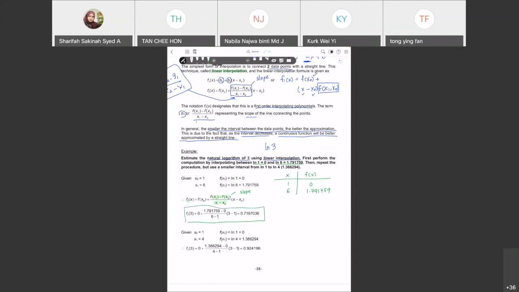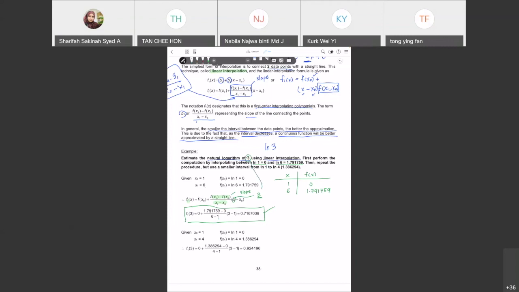Then use your calculator, and you get the value of f1(x) for ln, meaning when x equals 3. So this value x is replaced by 3 because this is the one that you need to find.